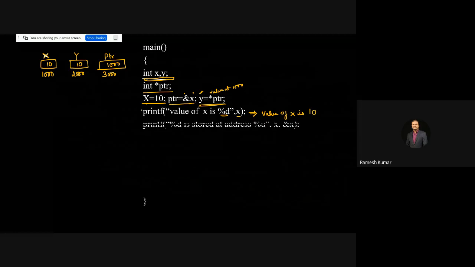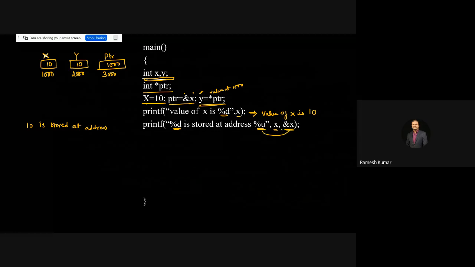Now it is simple. Second statement. %d is stored at address %u. Here, what does the first %d specify? x. What is x? 10. Now what does it say? 10 is stored at address %u.